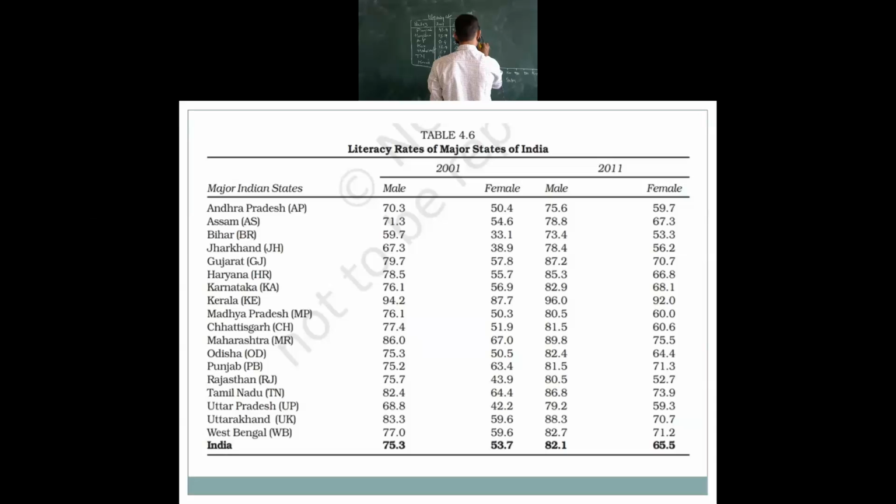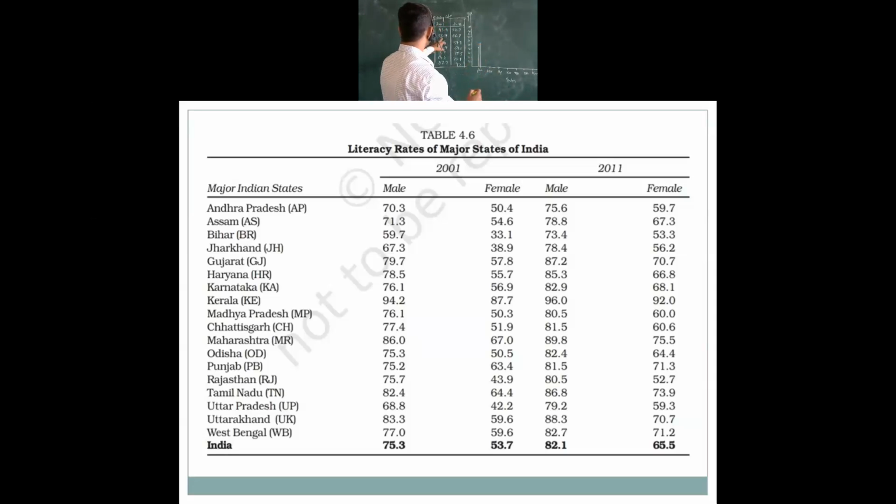This presentation is what we call a multiple bar diagram, for comparison purposes. In 2001 it was 43, let's consider rounded up 44%. Then it went to 53%.